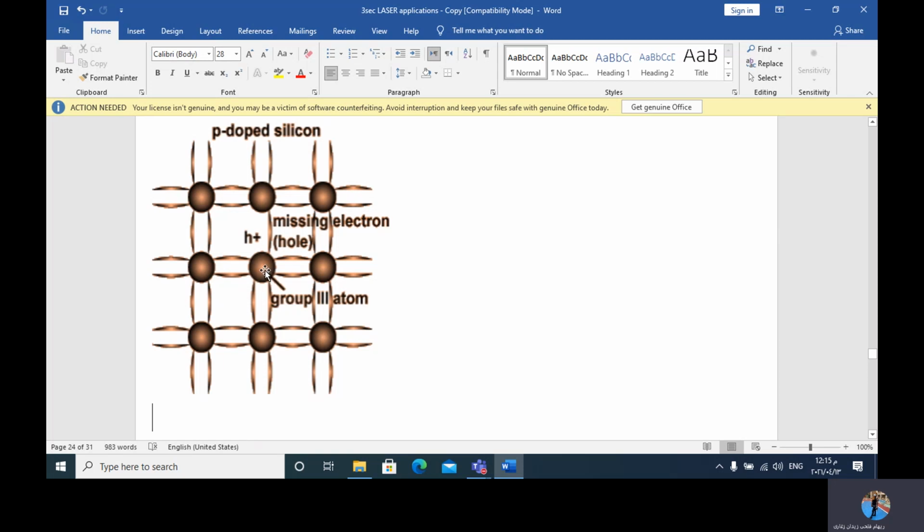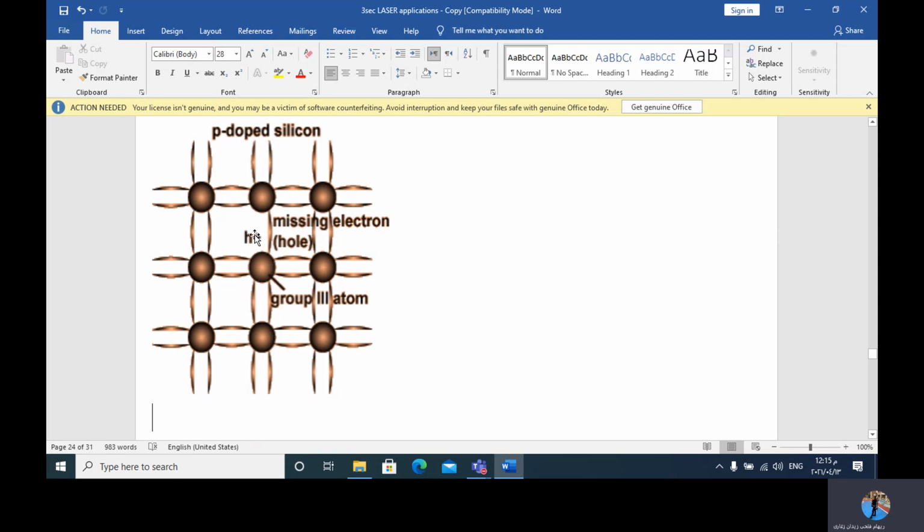Because it's trivalent, each one has 3 electrons: 1, 2, 3. How about this fourth covalent bond that it needs to share with this silicon atom? It can't, because it does not have the electron to make this bond. I call this an empty place that should be filled with an electron a hole, and I put a plus.